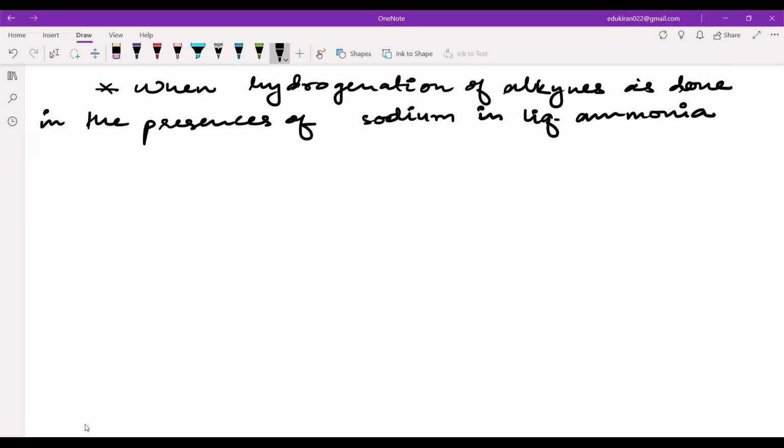Aqueous sodium will be sodium in water. Ammonical means in liquid ammonia. Then trans alkenes are formed.